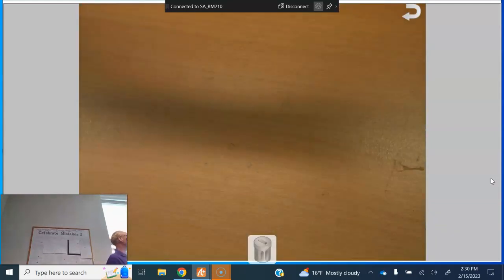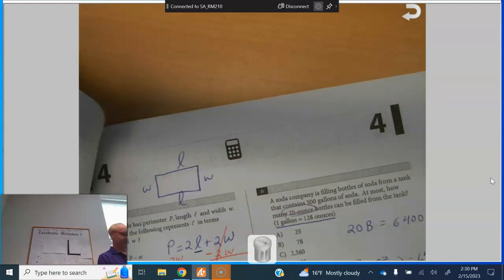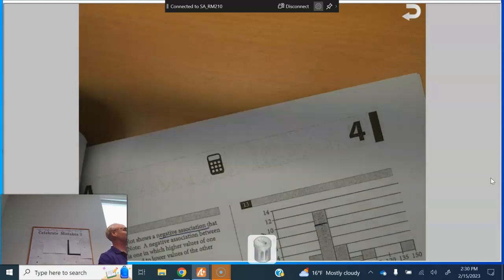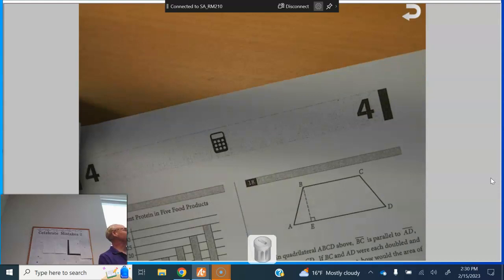In a normal PSAT, what's going to happen? You're going to get really easy problems. Then you're going to get medium problems. And about this time, they're going to get real hard.